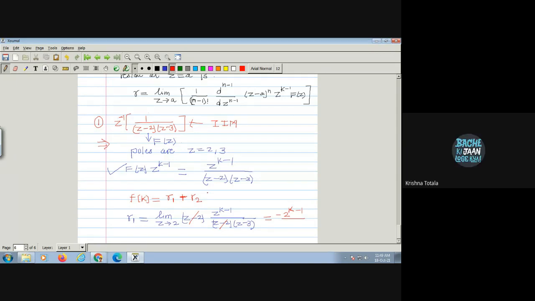Yes, sir. So what is the second residue? Can you check? The first is minus 2 raised to k minus 1. What about the second residue? I think it is 3 raised to k minus 1. Please check.